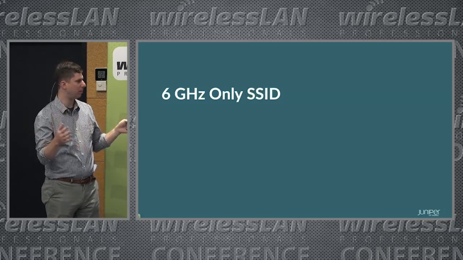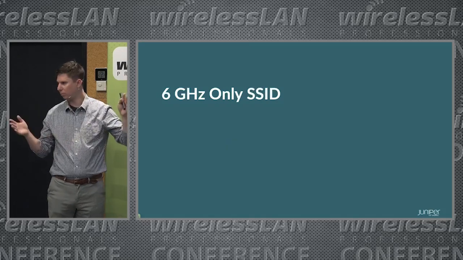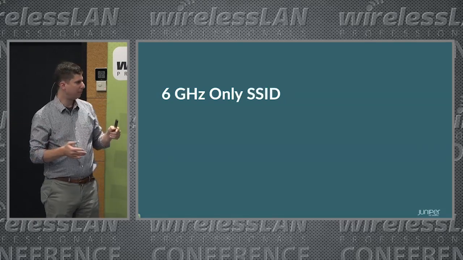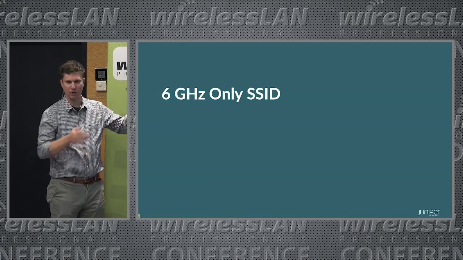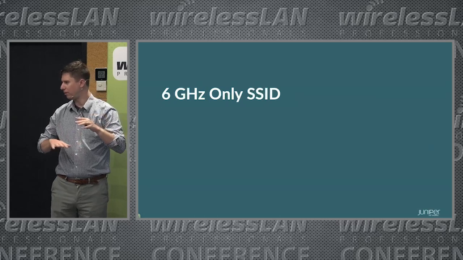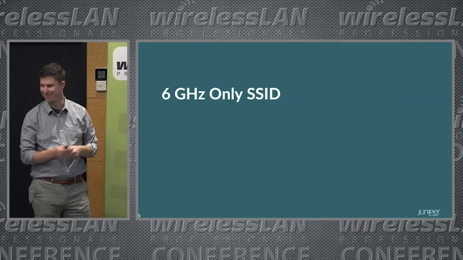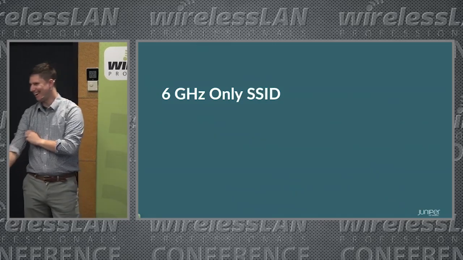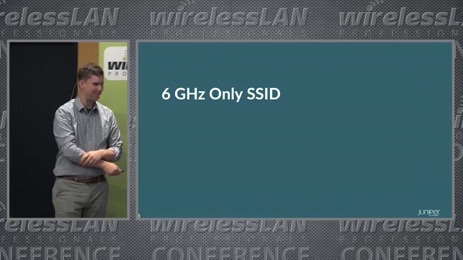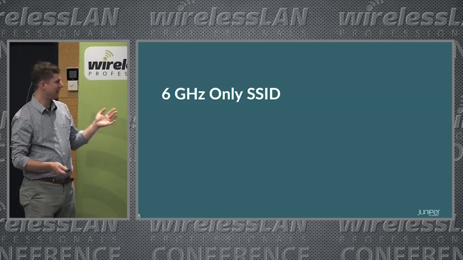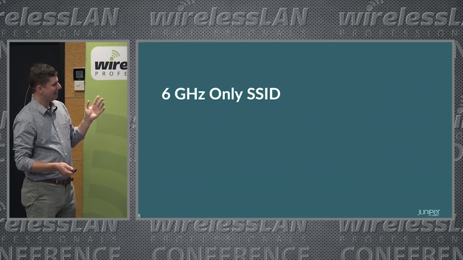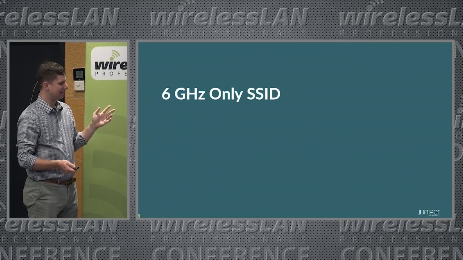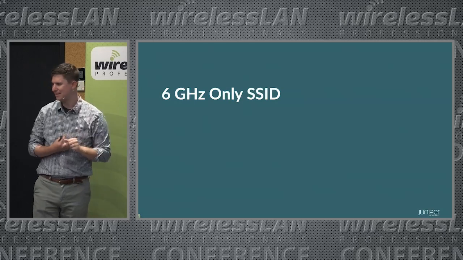I think that's the most common, and I showed that it'll work just fine. But this is 6 gig only, no 5 gig, no 2.4 on the AP. I don't know why this keeps coming up, but it keeps coming up. So I did some testing to see what happens.